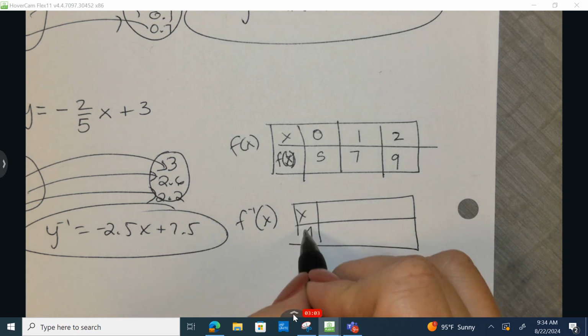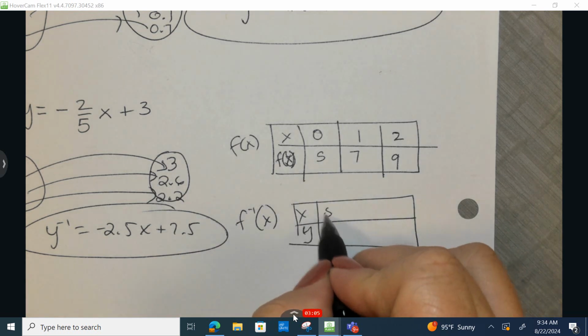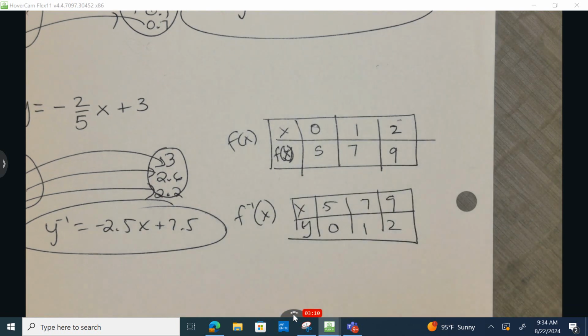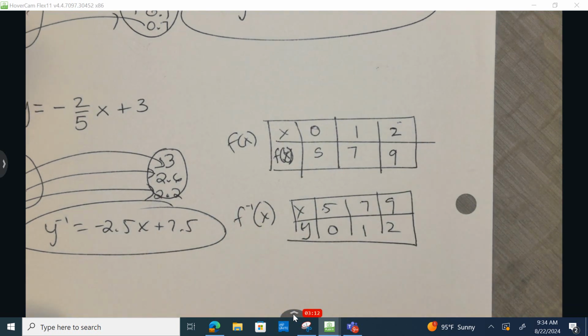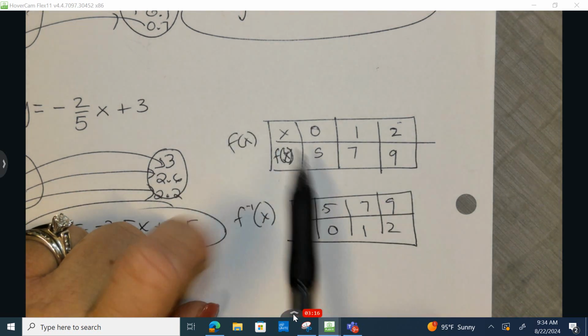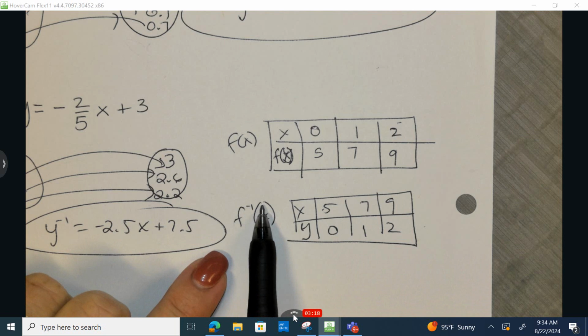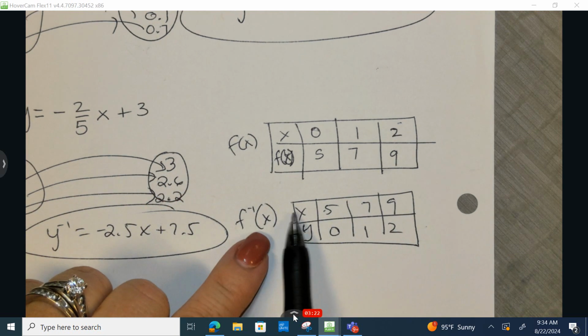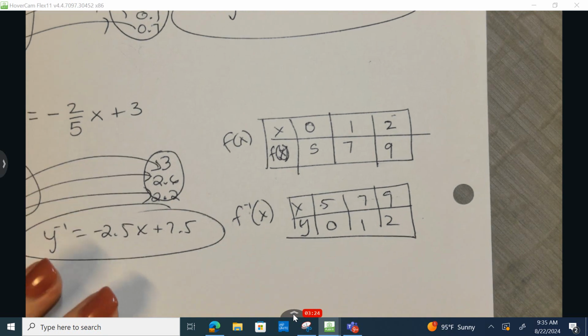What would we do? We take these values and take these values. And now in words, you have to describe how the inputs of this function become the outputs of the inverse. And the outputs of this function become the inputs of the inverse.